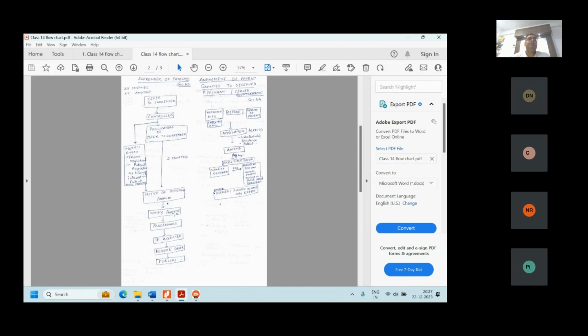The controller will publish this offer to surrender and at the same time also notify every person registered in the patent register as having an interest in the patent, except the patentee because he has filed. So, except that person, everyone will be notified. Three months will be given.